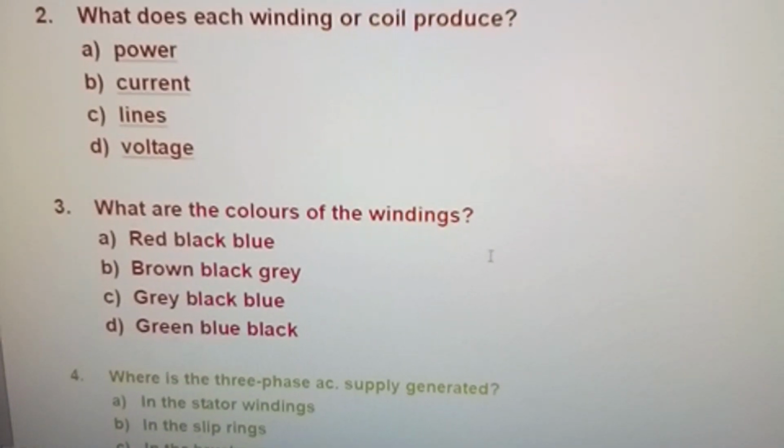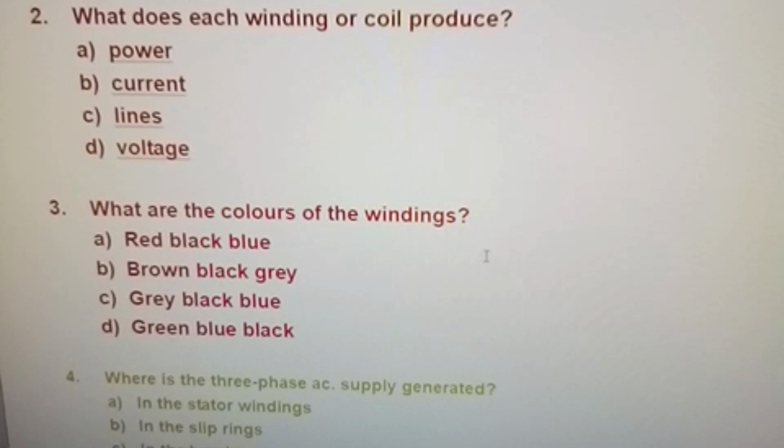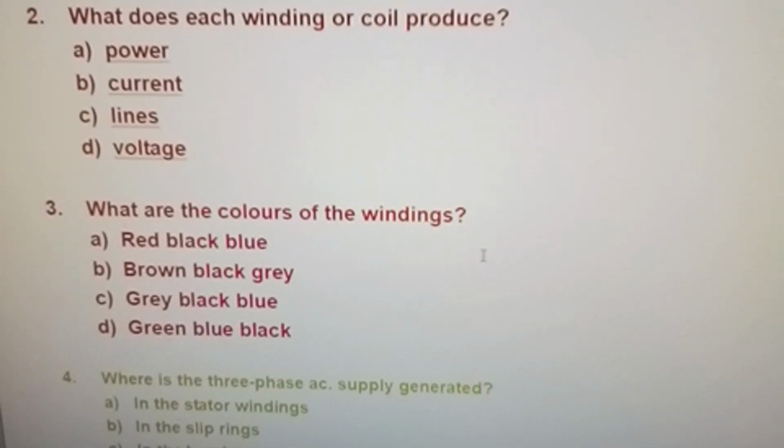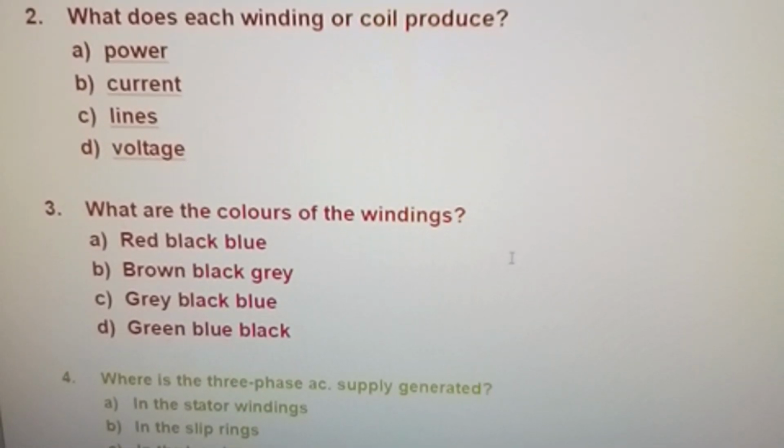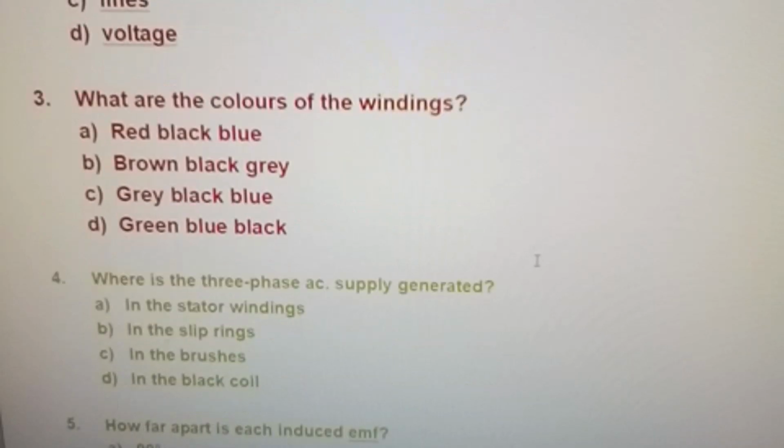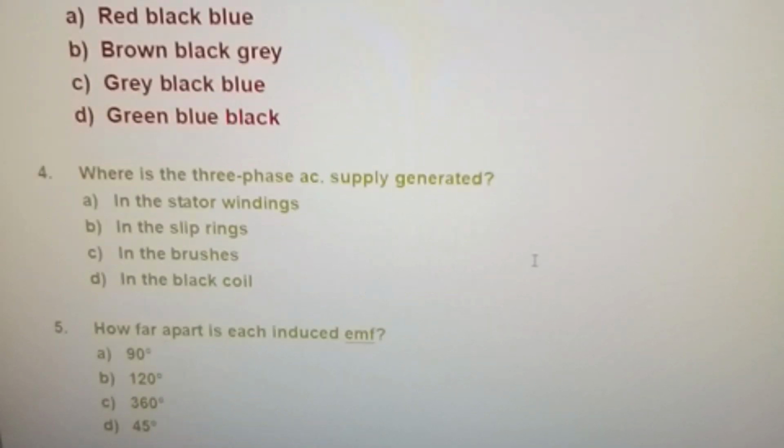But if I haven't had you for lessons, then you need to do some research. What does each winding or coil produce? What are the colors of the windings?